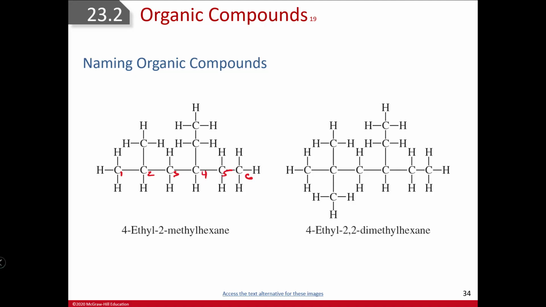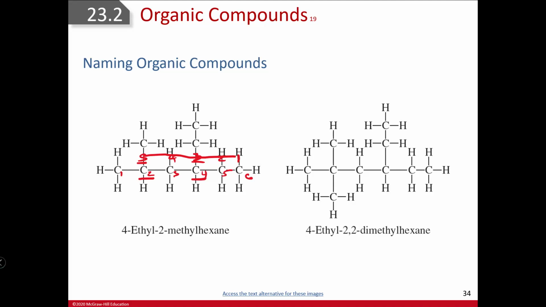All right, so we have an ethyl group here, and we have a methyl group here. Now you say, well, why didn't you label this one 1, 2, 3, 4, 5? Well, I get larger numbers, right? I get larger numbers here. So we definitely want to label the numbers like we have already. And so then the ethyl group is here.